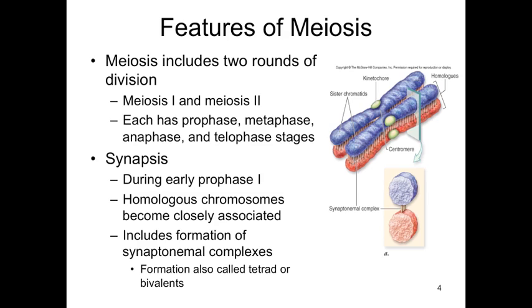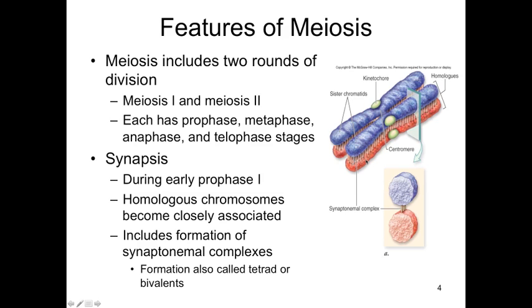One of the key events that happens in meiosis that's different than in mitosis is the process of synapsis. This happens during meiosis 1, specifically in prophase 1, and it's when homologous chromosomes become very closely associated. As you can see here, there are 2 homologous chromosomes. One is blue and one is red.